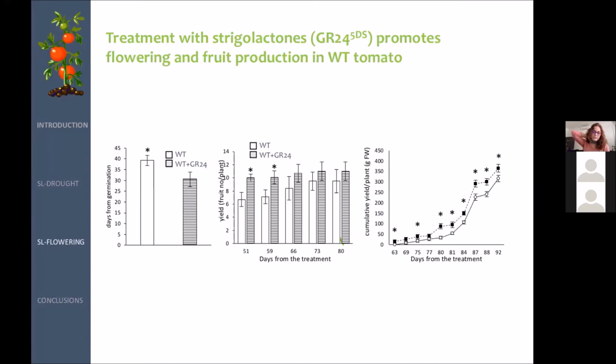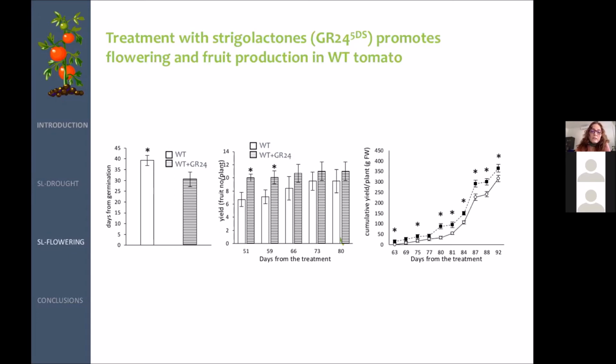We started by treating potted plants and checking their performances during flowering and fruiting. And the answer is, if we treat with the synthetic strigolactone analog, GR24, we reduce the time that is needed for flowering.